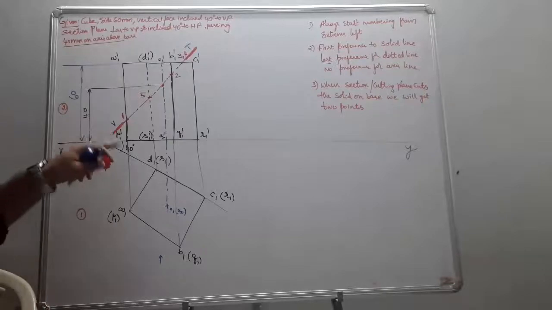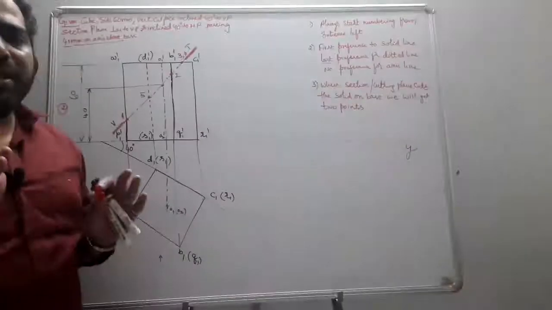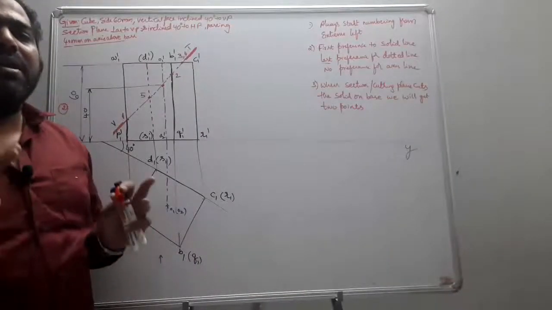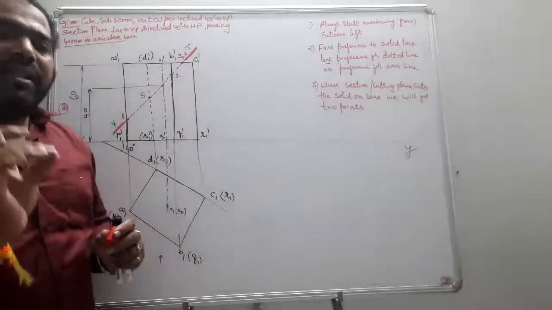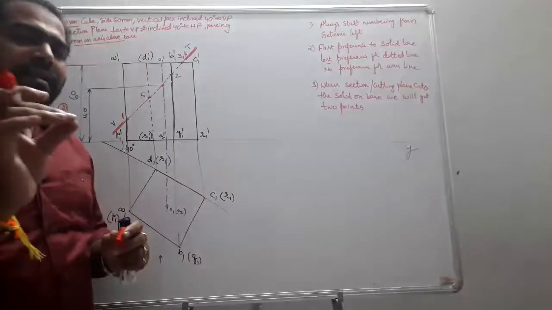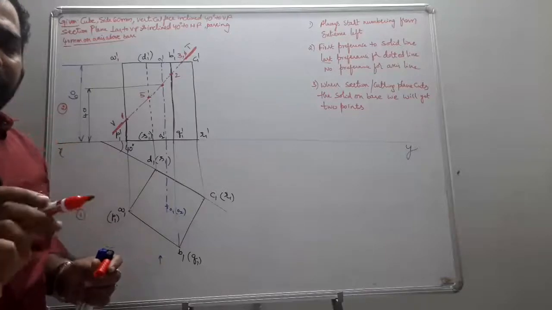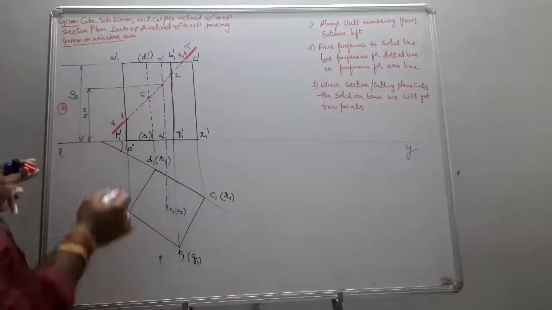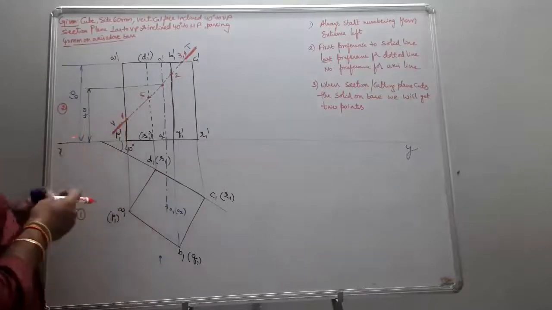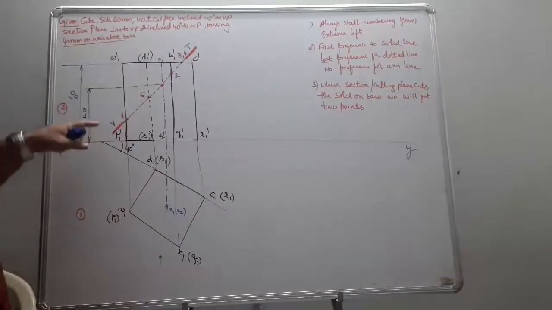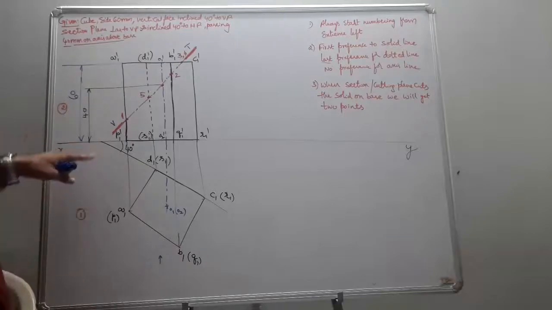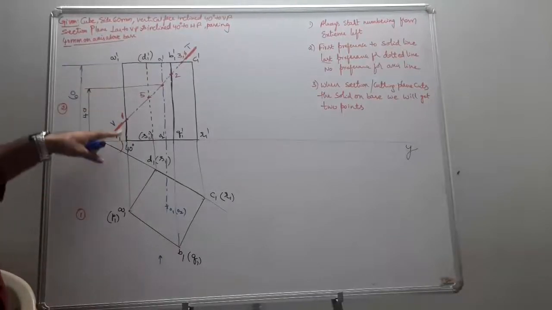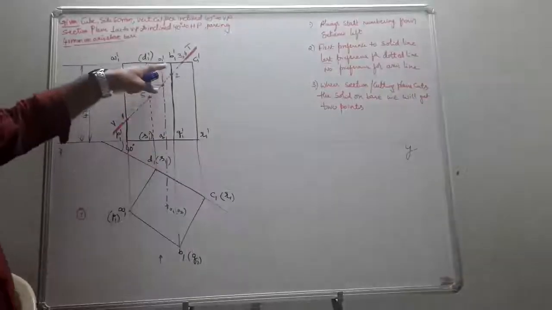So the concept is, first you give the numbering to the visible solid lines. Then after the visible solid lines are completed, give the numbering to the dotted lines, that means imaginary lines. First preference goes to the solid line, which is nothing but your visible line. The visible lines are AP, BQ and BC.